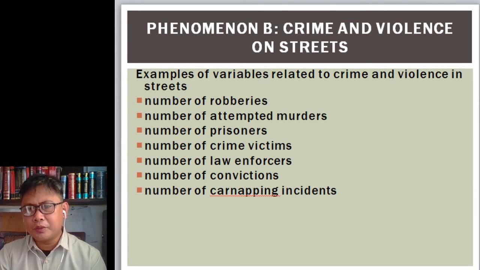Independent variables might be the number of law enforcers, because if there is a lack of law enforcers, this will affect the amount of violence or crime in our society. The dependent variables might be the number of robberies, the number of attempted murders, or the number of prisoners as well. The number of convictions might be either an independent or a dependent variable, and the number of carnapping incidents is a dependent variable.